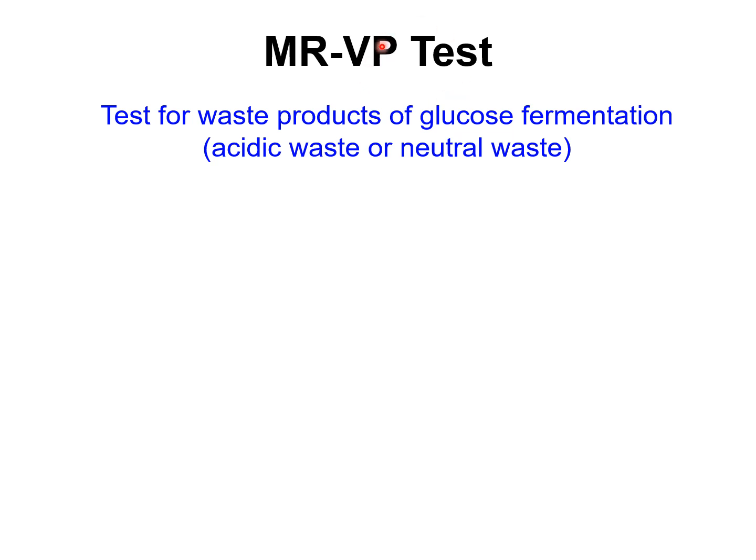Now, another test we're going to talk about is the methyl red Voges-Proskauer test. We've seen already the uninoculated broth and how it has that yellowish color. So let's talk about this broth test, what is it for? What is it testing? Well, this test is testing for waste products of glucose fermentation.